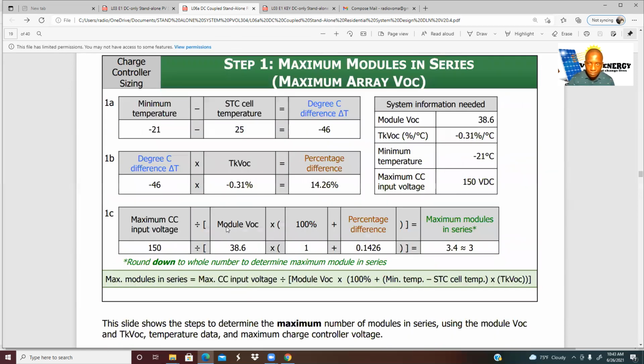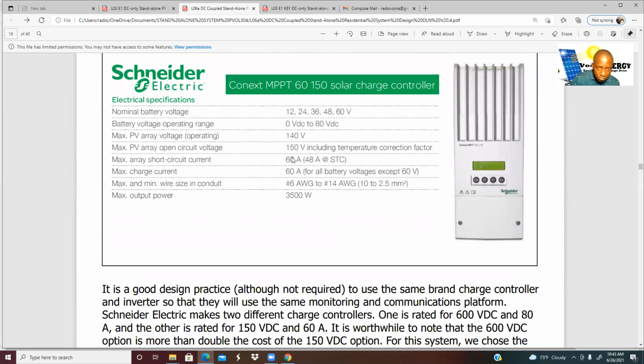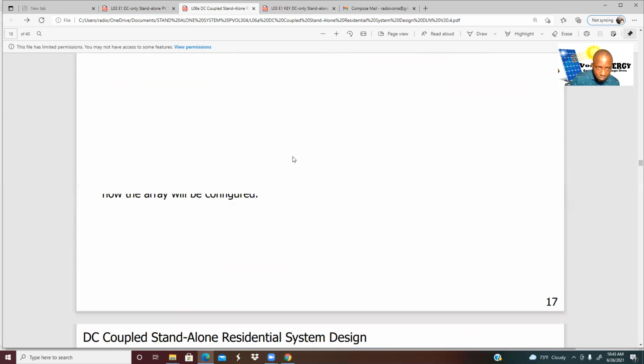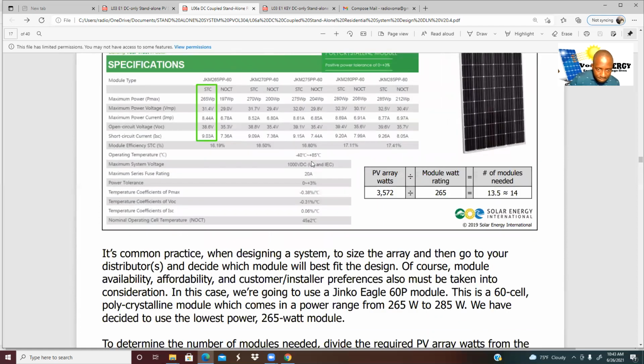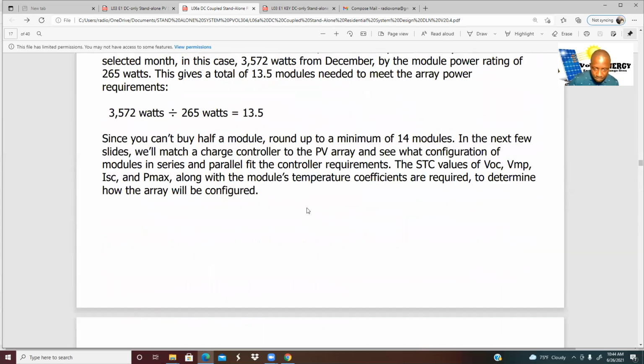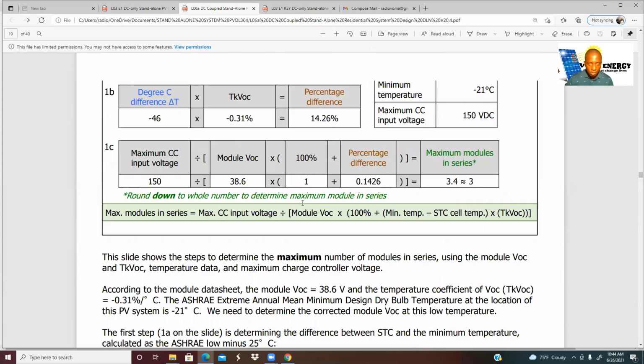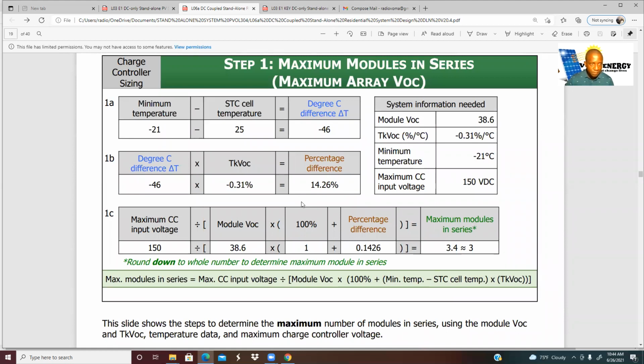Here we are: maximum modules in series. The minimum temperature is -21. Where did we get that data from? I want to make sure we get a -21 minimum temperature.